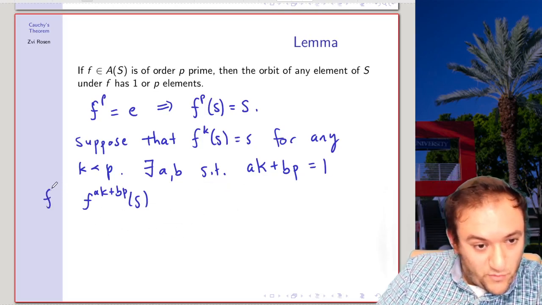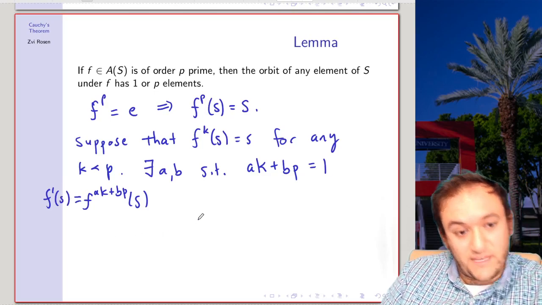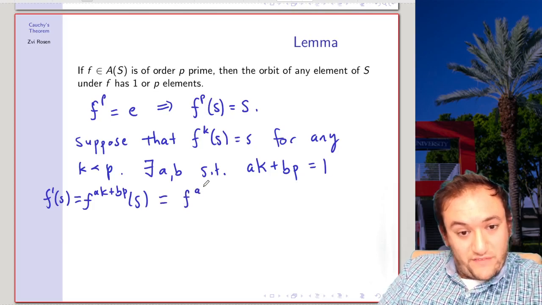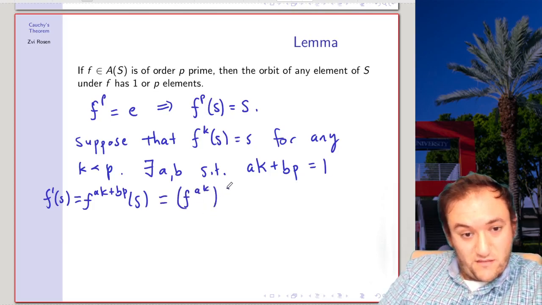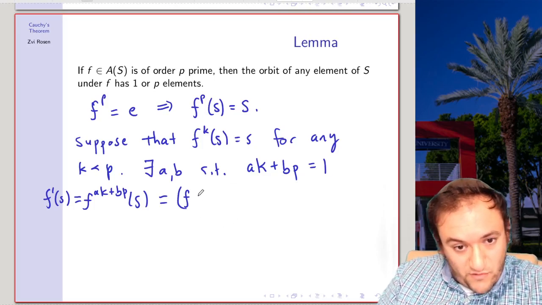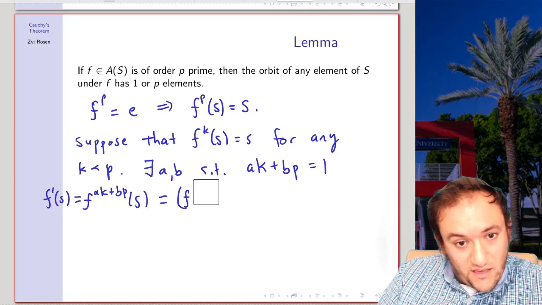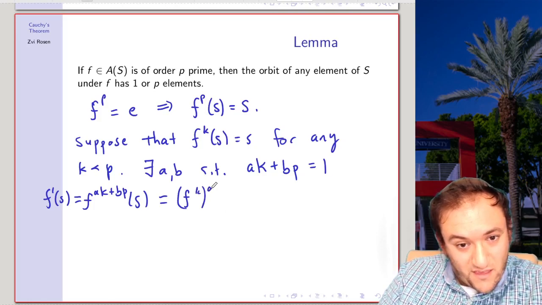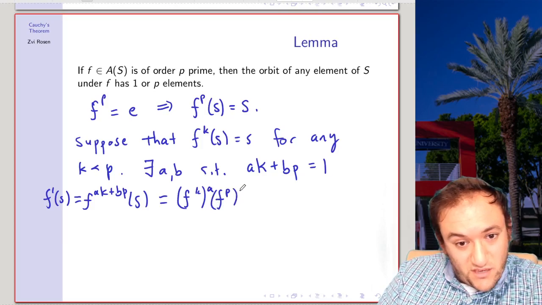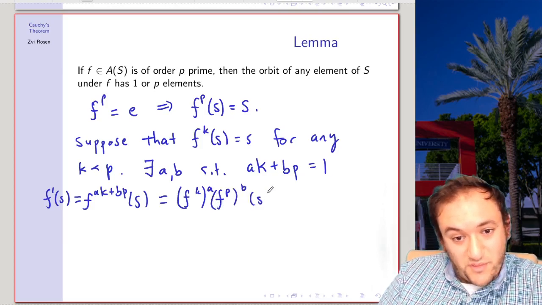Let's put the f to the 1 over here. f to the 1 of s is equal to f to the ak plus bp of s, which is equal to f to the k to the a composed with f to the p to the b applied to s.